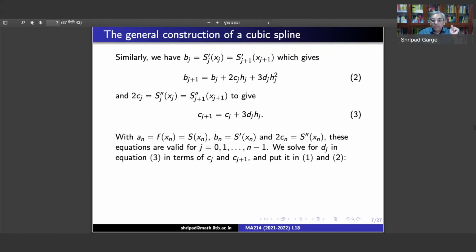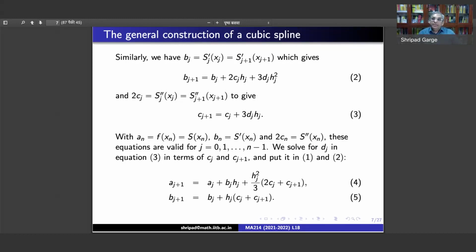Okay, so we will solve for d_j and put these values back in equation 2, and equation 1, which is a similar equation but for a's. So you will have a_{j+1} equal to a_j plus b_j h_j plus c_j h_j squared plus d_j h_j cubed. There, that's where we put the value for d_j in terms of c_{j+1}, c_j and h_j. And that gives us these two equations.